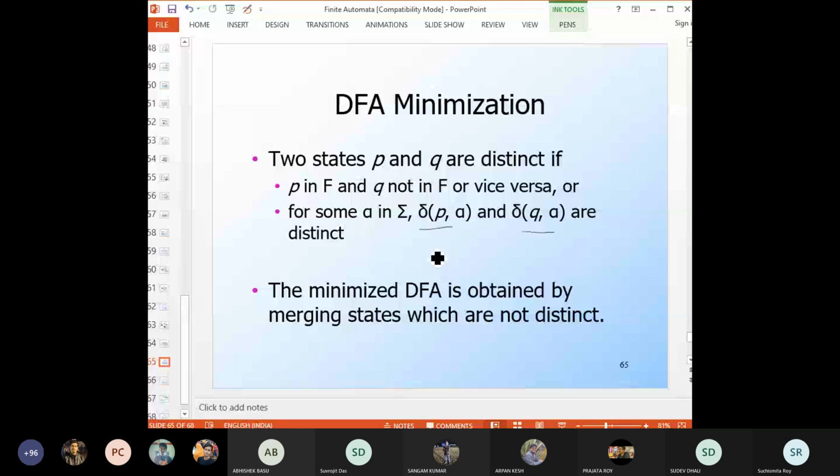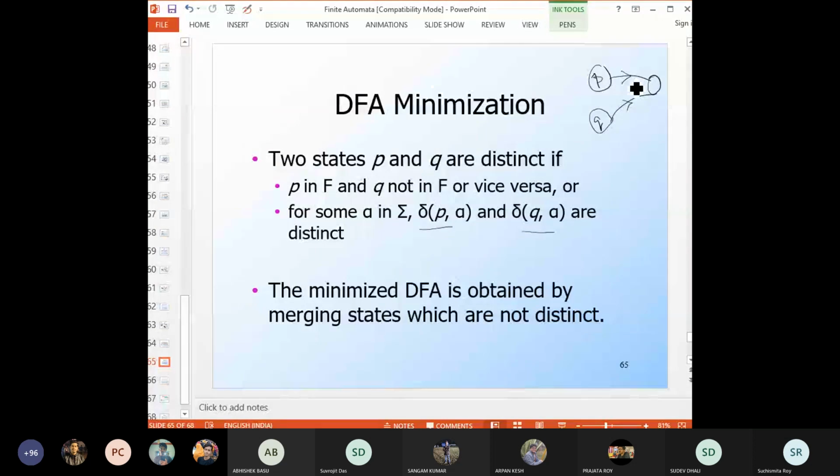Okay. So for example, there are two states P and Q. For some input characters you find that P and Q are actually transitioning to the same destination state.